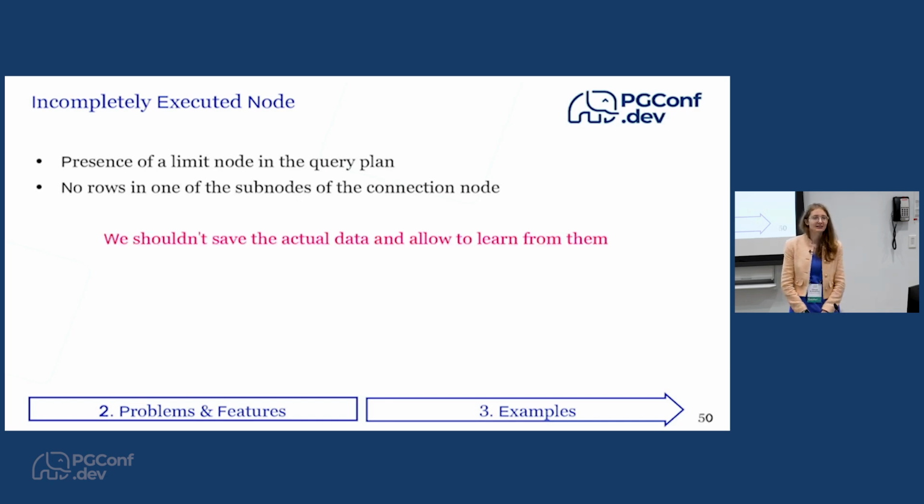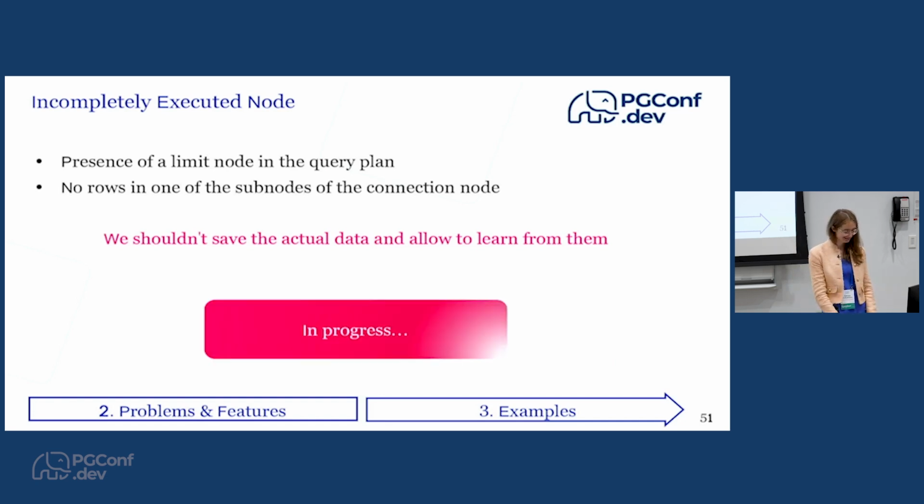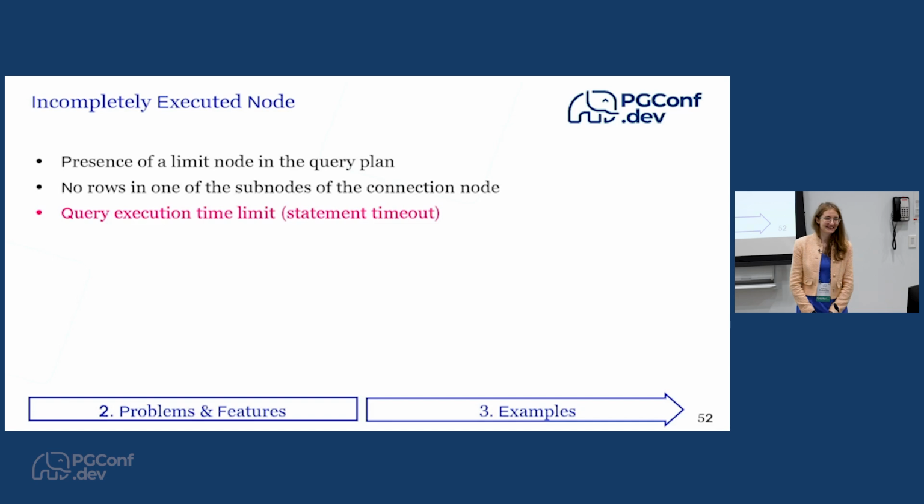We decided that AQO does not use this information for learning because we can't trust it. To be honest, this is actually in progress. And the last reason is a query execution time limit, for example, when we set the statement timeout parameter.